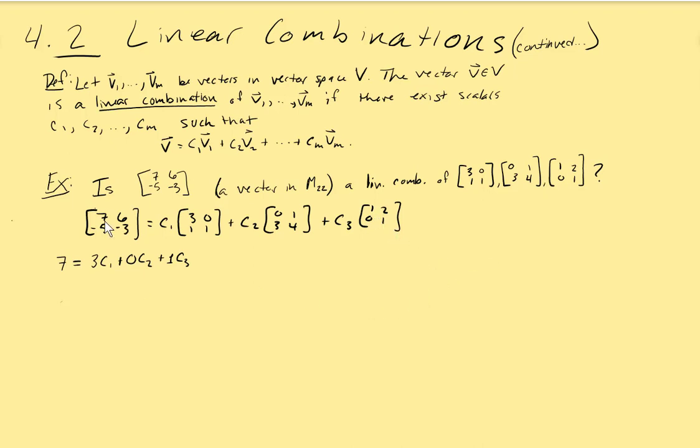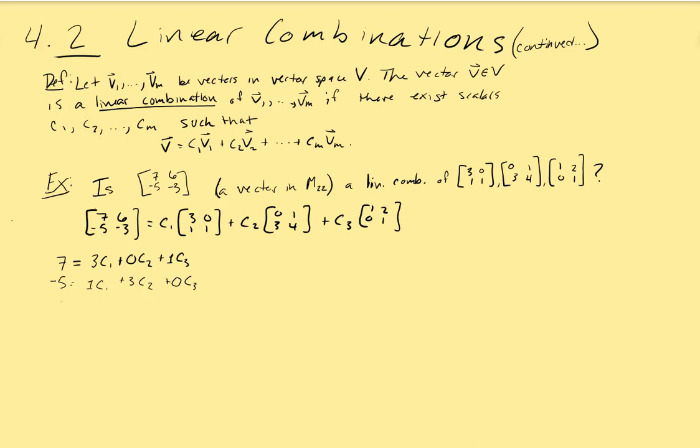Well, we'll do this for every component. First row, first column, second row, first column, first row, second column, second row, second column. Let's write that system that we get down. Looking at second row, first column, I also get -5 equals 1C1 plus 3C2 plus 0C3.